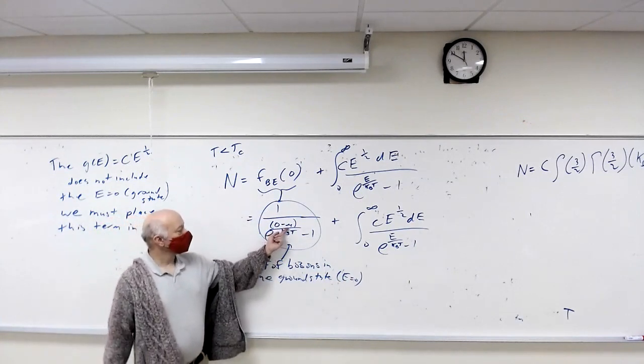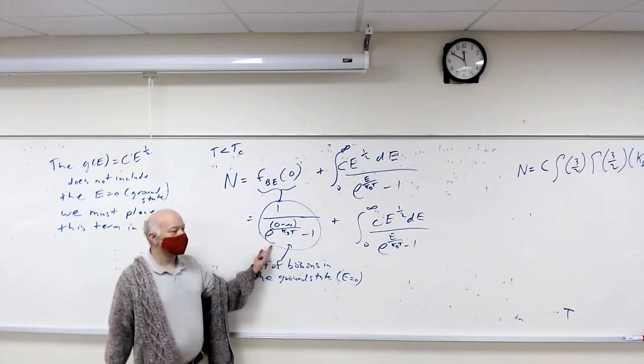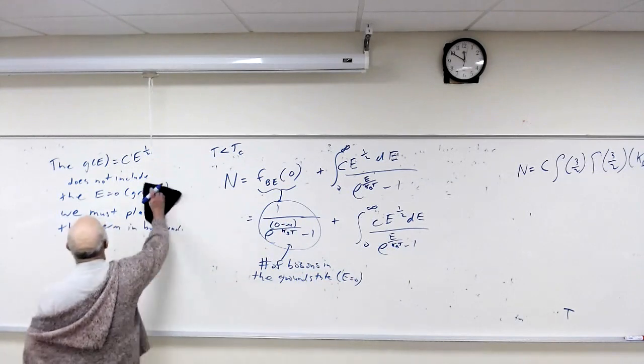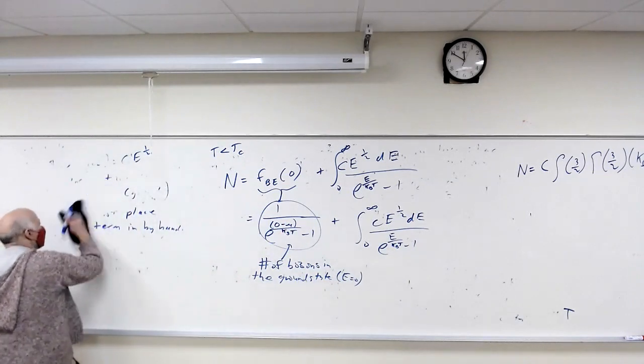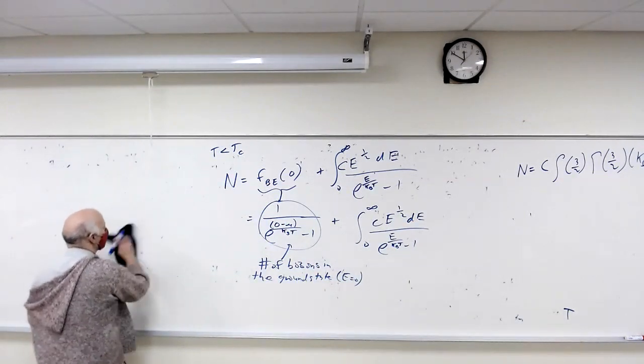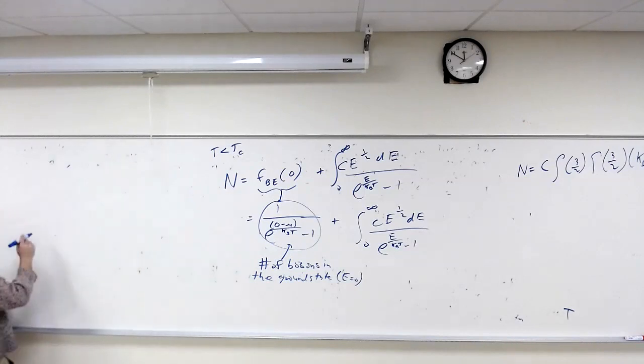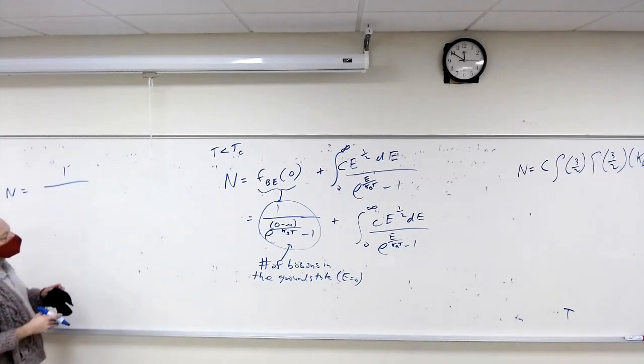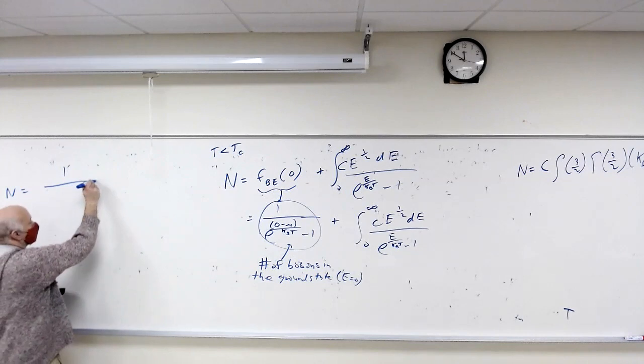Okay, and remember, mu is really, really tiny. So if mu is really tiny, what can I do with the exponential? Expand it. Taylor expand it. So let's do that. So this is 1 over, well, what does that become? We Taylor expand this guy.